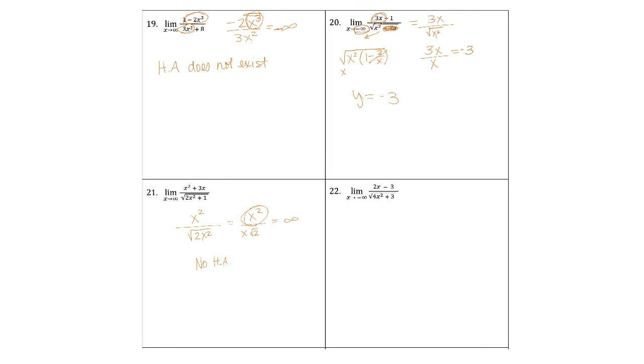For number 22, I'm going to go through the same process again. We're going to have our most power on top. There's 2x. On the bottom, I'm not going to really care about that plus 3. It's not going to make a difference out towards infinity. I need to look at the square root of 4x squared. So I have 2x over, well, that's going to give me 2x as well.